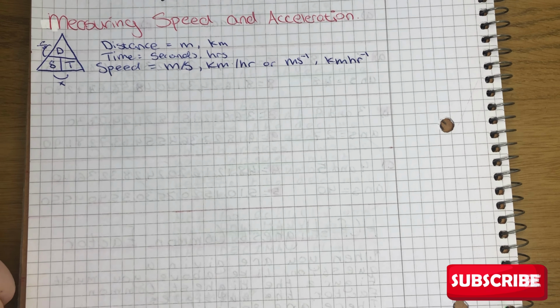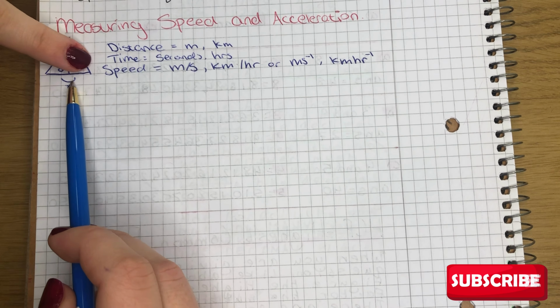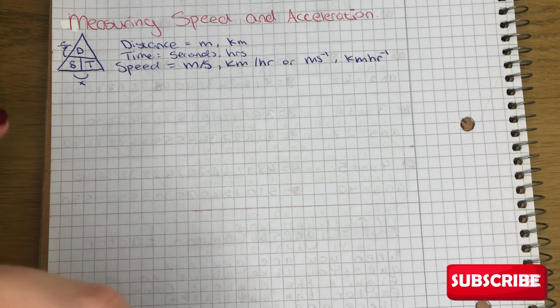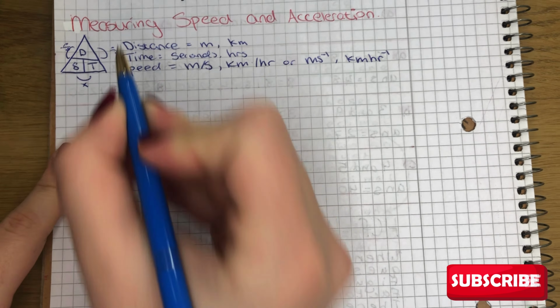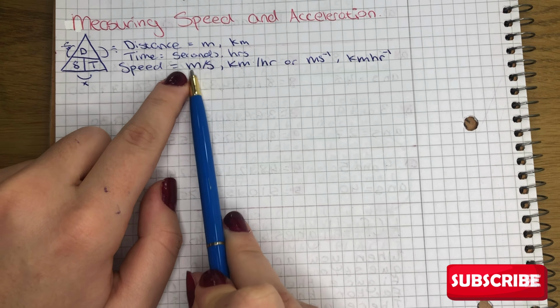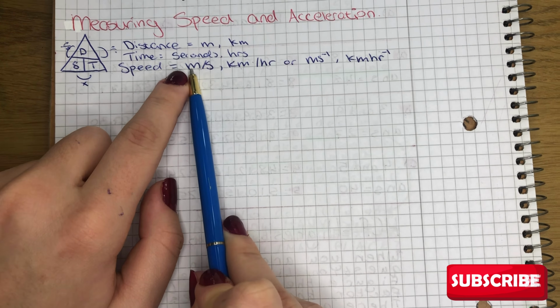Say you're given the situation where you are given the time and the distance, but you need the speed. So then you would divide the distance by the time, and the speed would either be in meters/seconds or kilometers/hours.